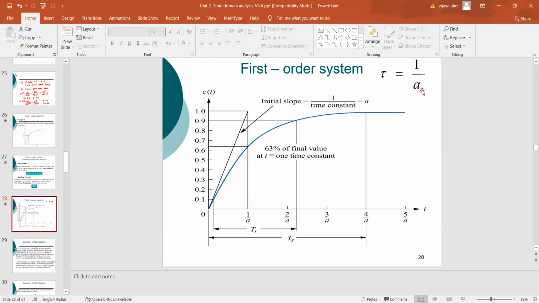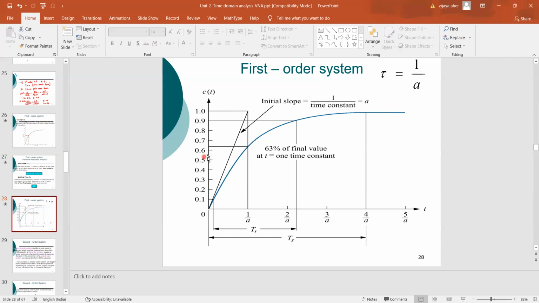Now, when time T is equal to tau, your response should be equal to 63% of its final value. The final value is 1, so the output is 1. 63% of the final value is 0.63 here at this point.